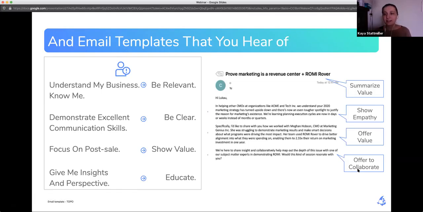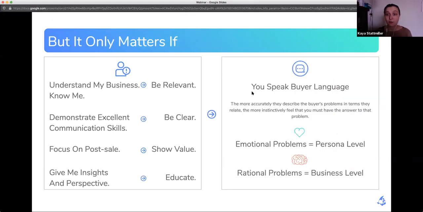Then they give you this beautiful email that they claim is very successful. And yes, it is very successful. But they are not telling you why this email is successful.